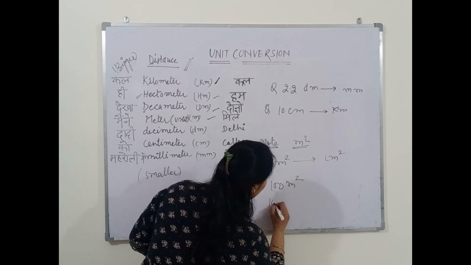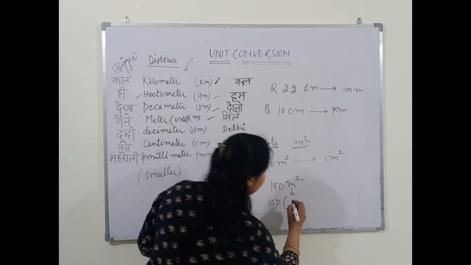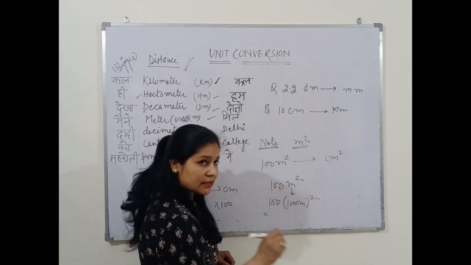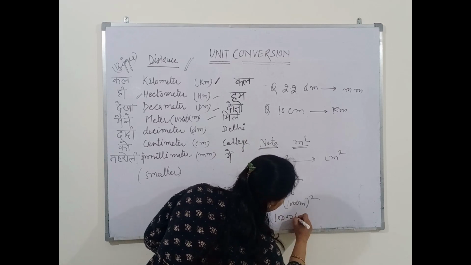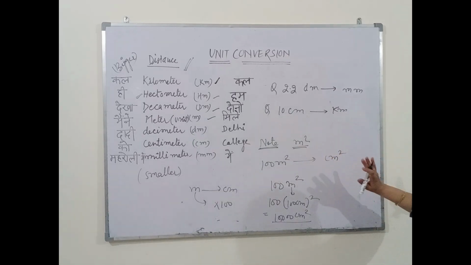So write this value, and meter will be changed first into centimeter, then 100 centimeter square. Then your answer will be 10,000 centimeter square. First convert the unit and then calculate it.